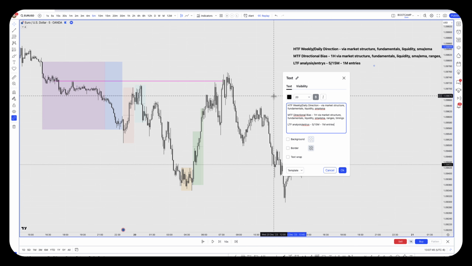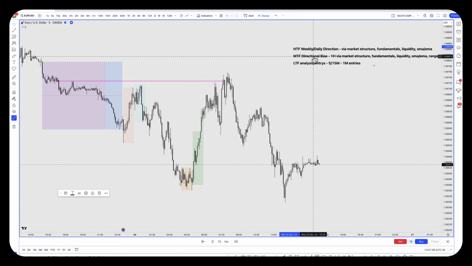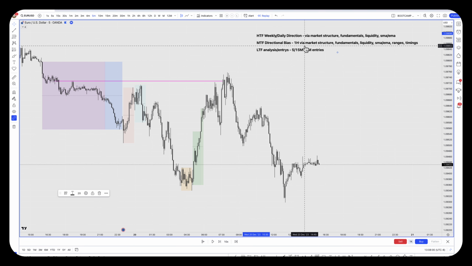So this is essentially something that should be a part of your plan, right? Obviously, the next part of this is how do you execute? What do you do to manage a trade?